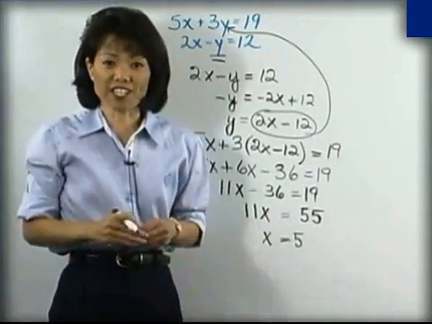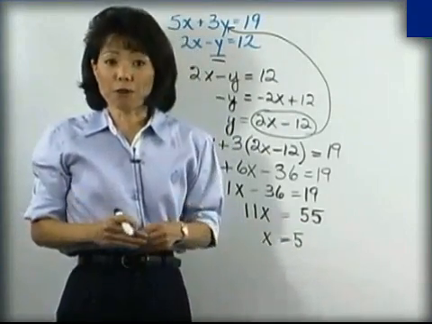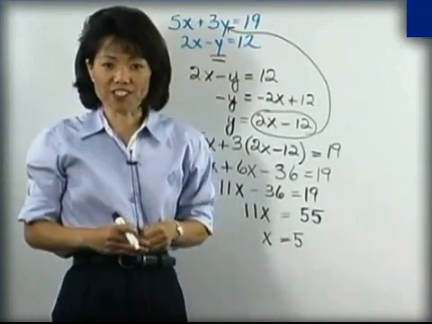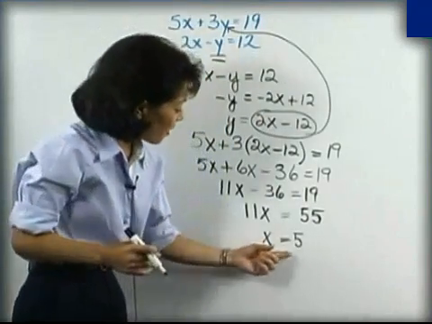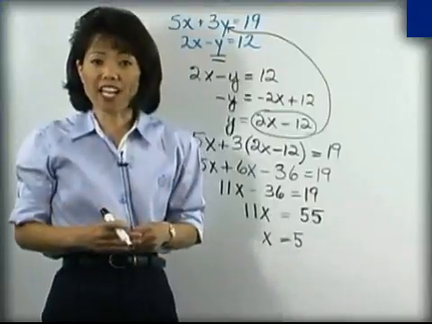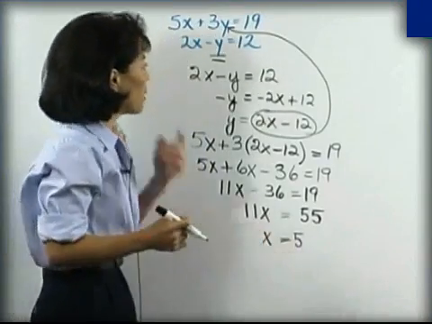Now, big caution here. Don't stop and say x is equal to 5. Think about what we're doing. We're solving a system of equations. Not only do we have to find the value for x, but we must also find the value for y. We're looking for an ordered pair. So don't stop here.